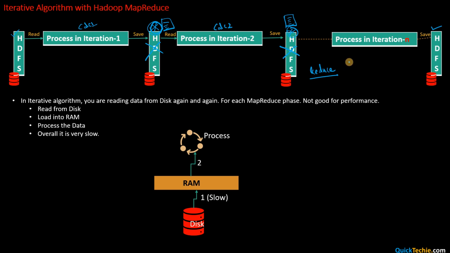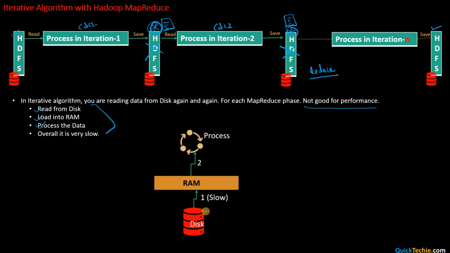That is what Spark can do. With an iterative algorithm, you want to do different calculations on the same data again and again. With disk, it is not giving you good performance. You are always reading from disk, loading into RAM, processing the data, and this is very slow, correct? So that is not a good thing.